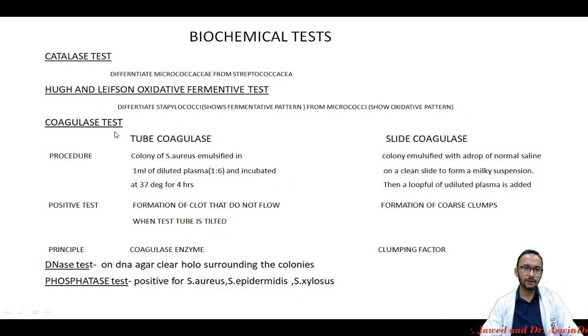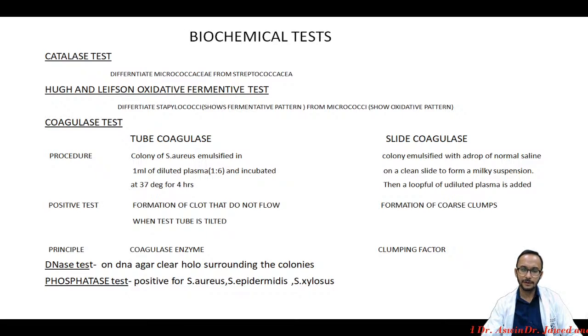And then we have the coagulase test to differentiate Staph aureus from coagulase negative Staphylococci. So basically there are two types of coagulase test, the slide coagulase test and the tube coagulase test. Those both have different mechanisms. The slide coagulase test is mainly because of the presence of the bound coagulase, which is bound to the cell wall, and because of which it is also called the clumping factor.